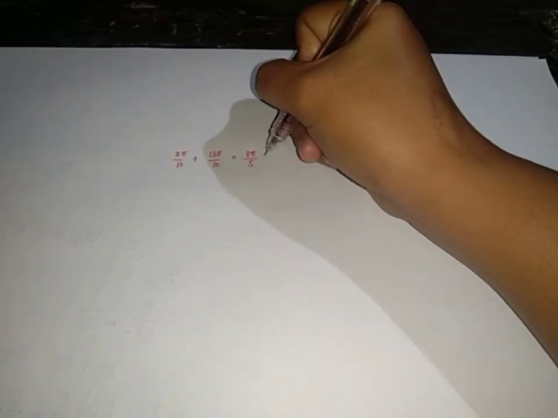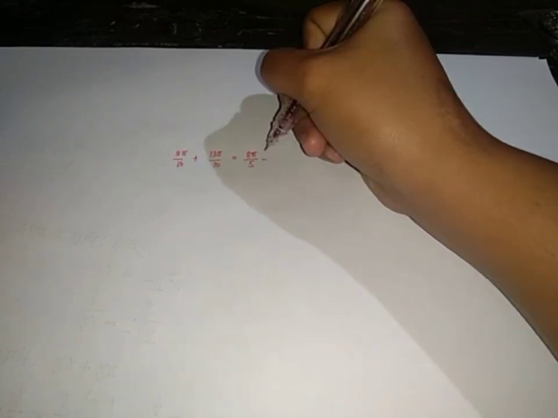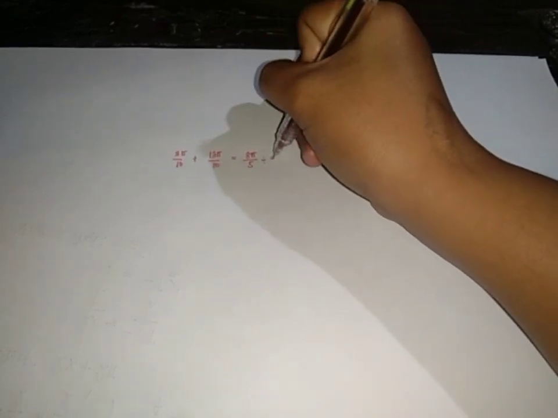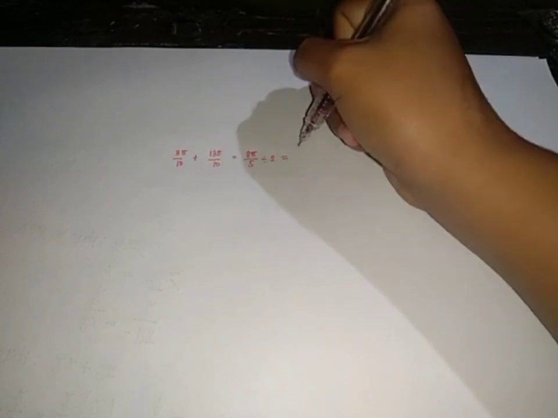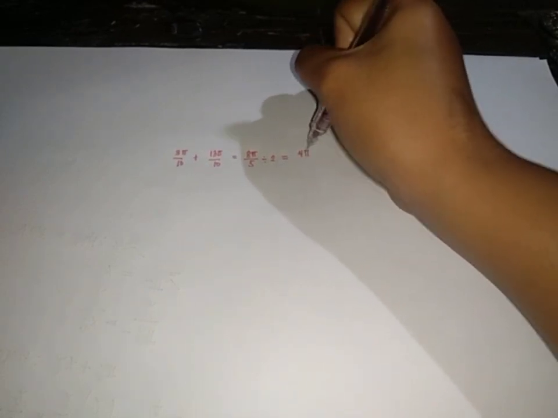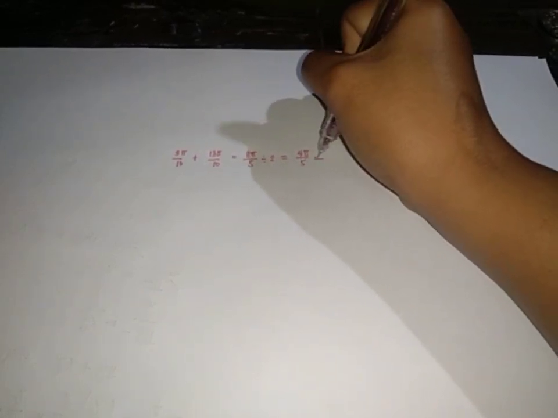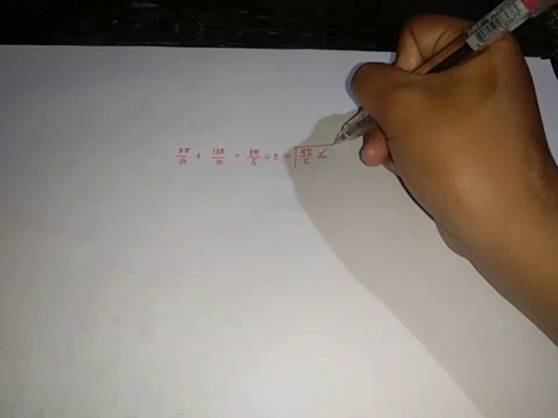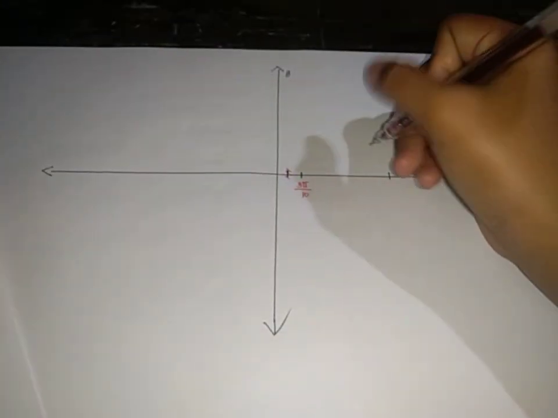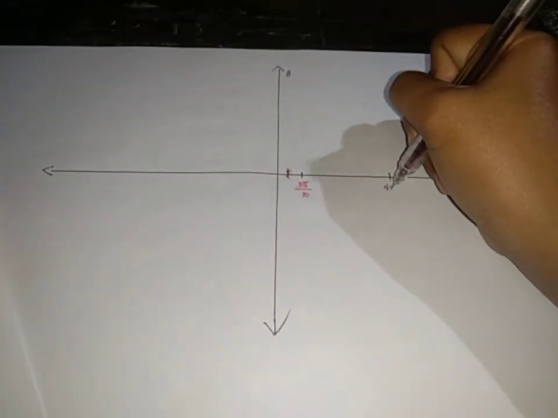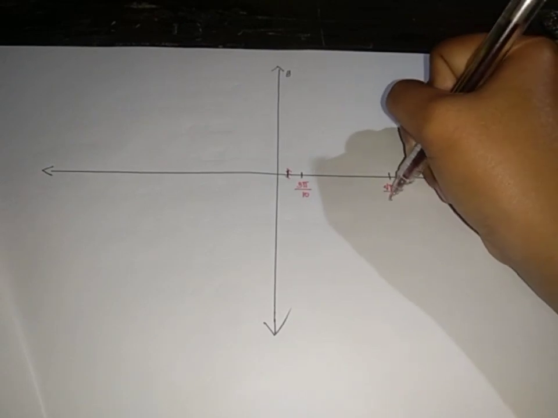And I need to divide it by 2 to get 4 pi over 5. So we have the answer now, 4 pi over 5.